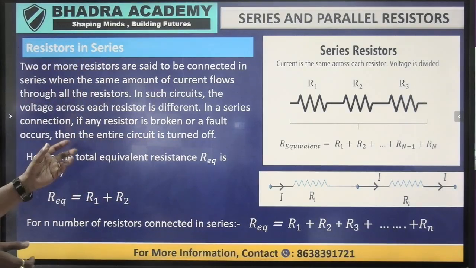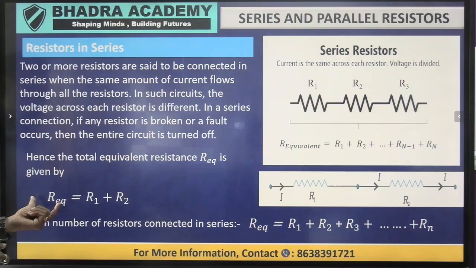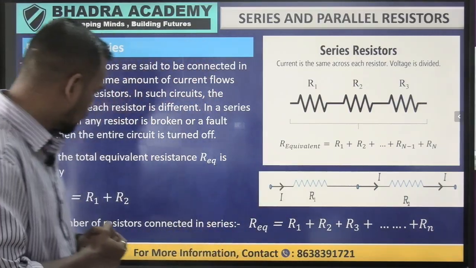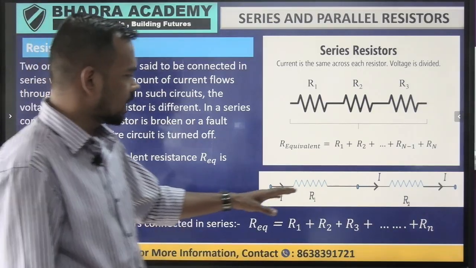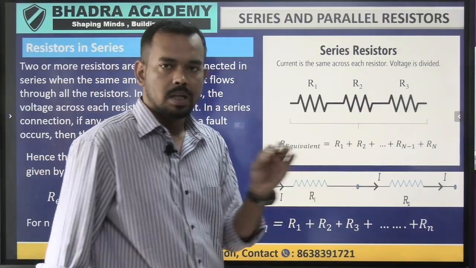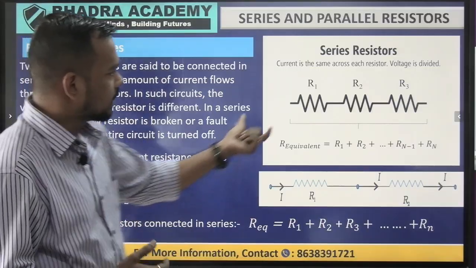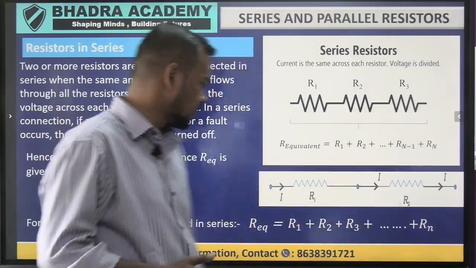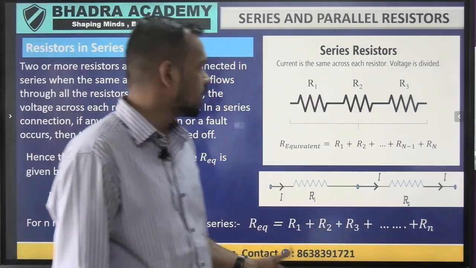So finally, the equation that we get for the equivalent resistance, with both resistances combined, will be the summation of R1 and R2, that is R equivalent is equal to R1 plus R2, right? And if the number is increased, R1, R2, R3, going up to n number of resistors, then the equation will become the summation of all the resistors connected here.